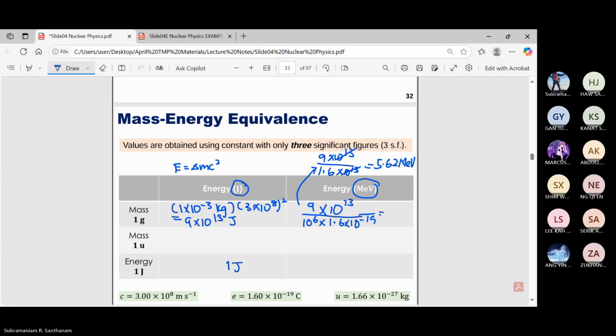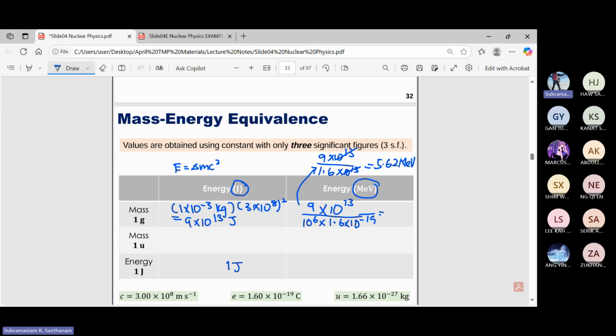Okay. So if they say from 5.62 MeV, if I want to change to joule, I will take 5.62 times mega times charge of electron. So this will convert back to joule.